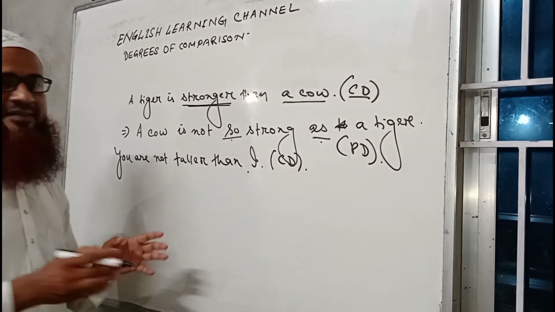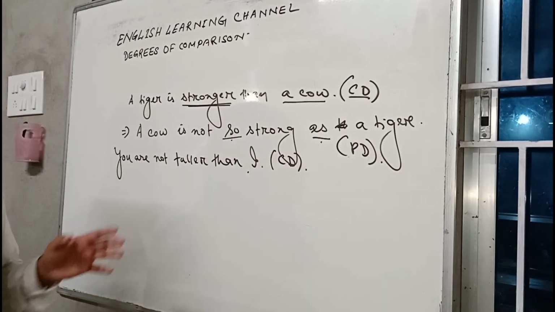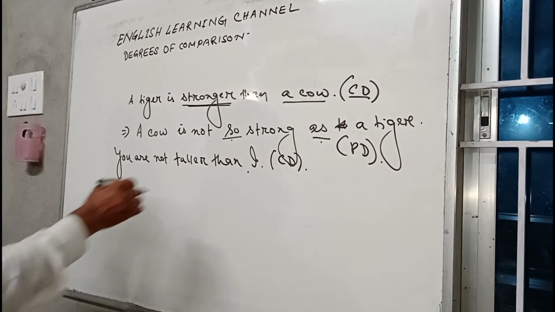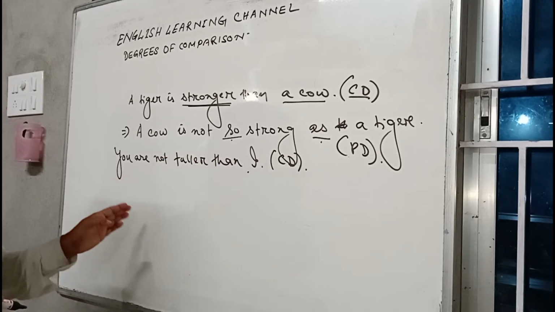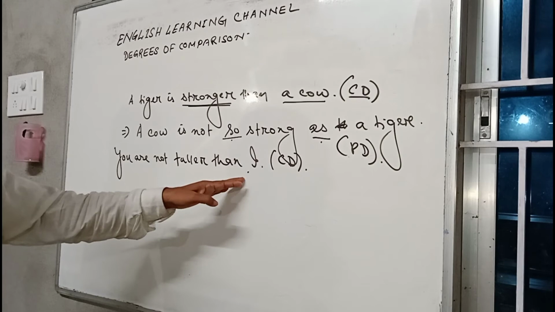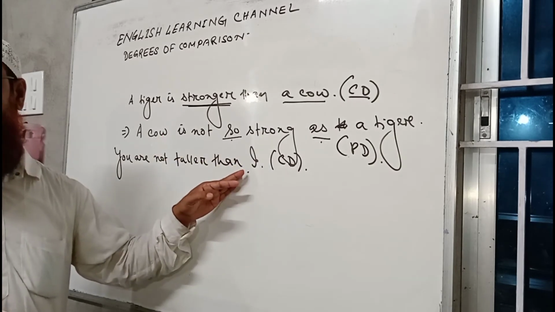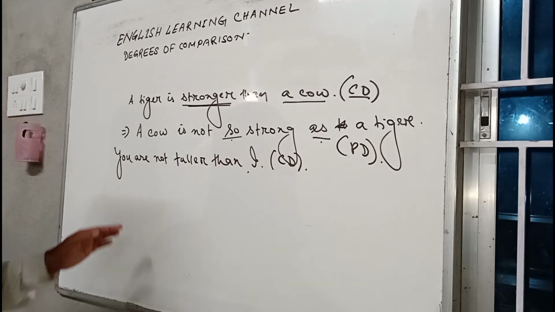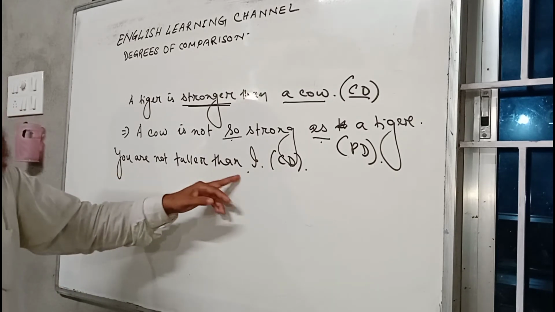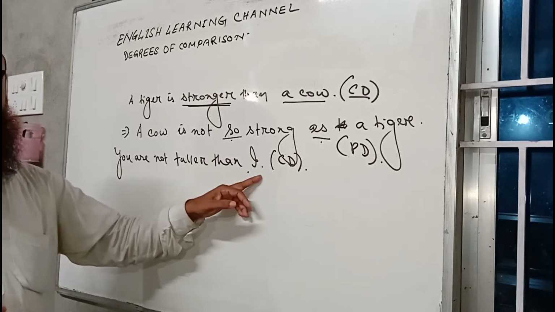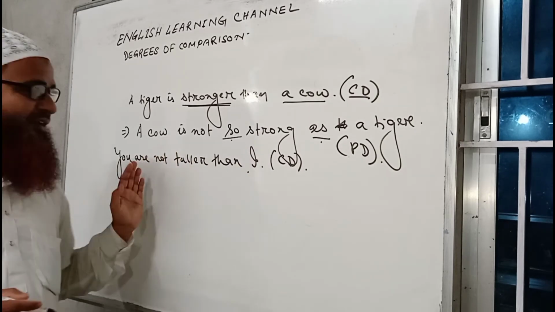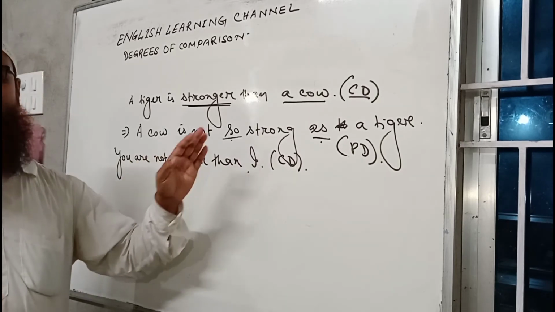Though it sounds very sweet to hear, me will not be appropriate. Actually, in grammar, me is not allowed. We should always use the subject form after than. So if somebody says you are not taller than me, it is not correct.